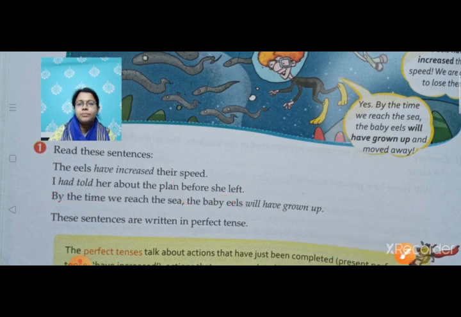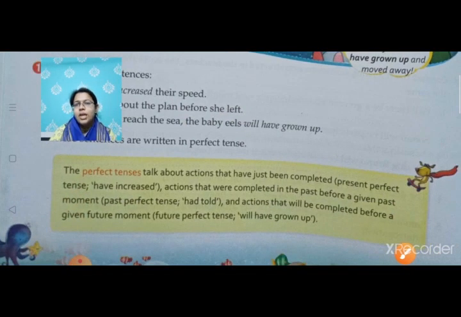That means you can say that the action was completed in past. ठीक है, पहले ही खत्म हो गई थी दूसरी एक्शन होने से पहले, मतलब she left, that action happened afterwards, और उसके पहले ही प्लान डिस्कस हो गया था या फिर बता दिया था उसको. That was another action which had already completed in the past, and over there we are going to use past perfect tense. And the actions that will be completed before a given future moment, then that is called future perfect tense.